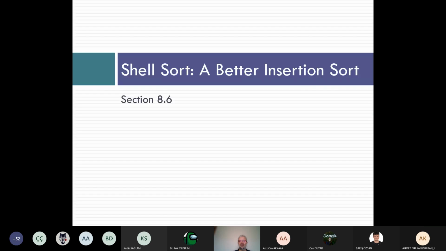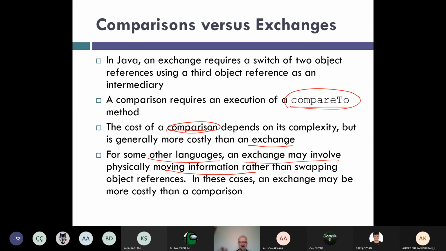We will continue with shell sort in the next session. The only thing that I should say here is that in some other languages, the exchange operation requires moving the information. In that case, exchange may take longer than comparison.